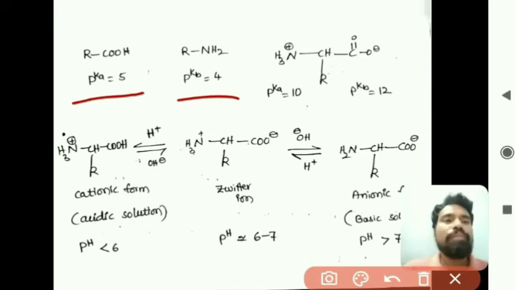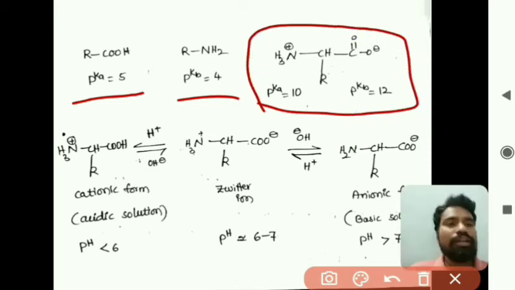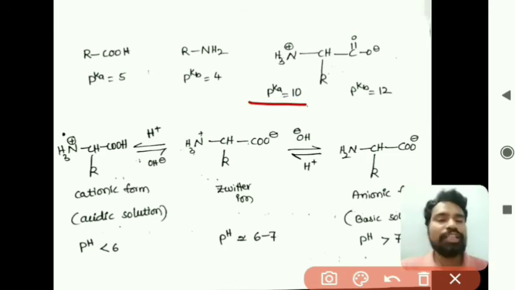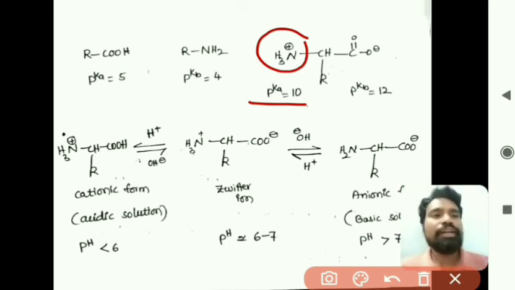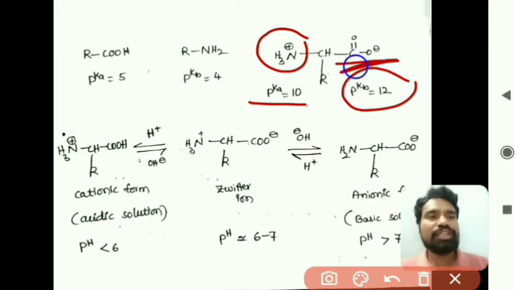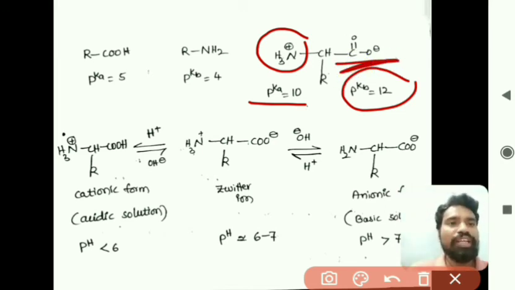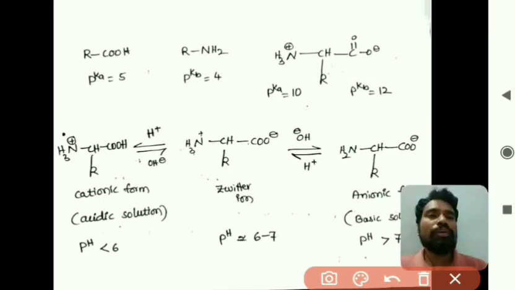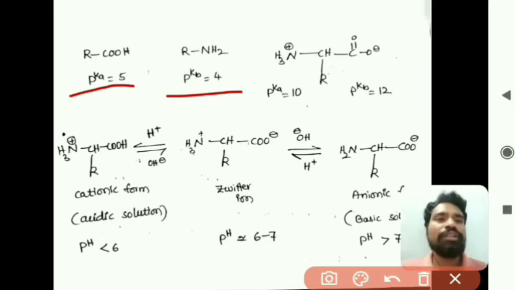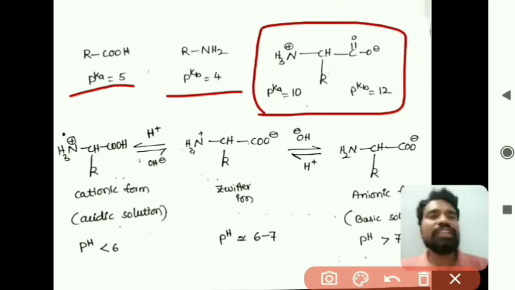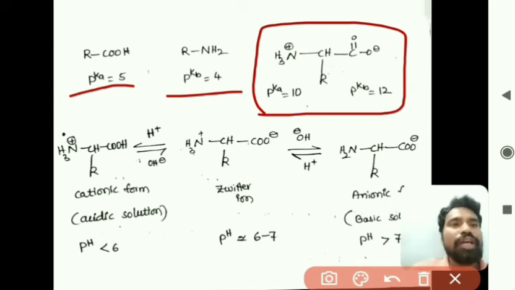But in the dipolar ion, or the zwitterionic form of alpha amino acids, the pKa value is very low, which indicates the acidic nature of the NH3 plus group is very low, and the pKb is 12, that is the basic nature of COO minus is also very low, right? So when compared to the common carboxylic acid and amine, the acidic and basic nature of the aminium ion and carboxylate group is very low.